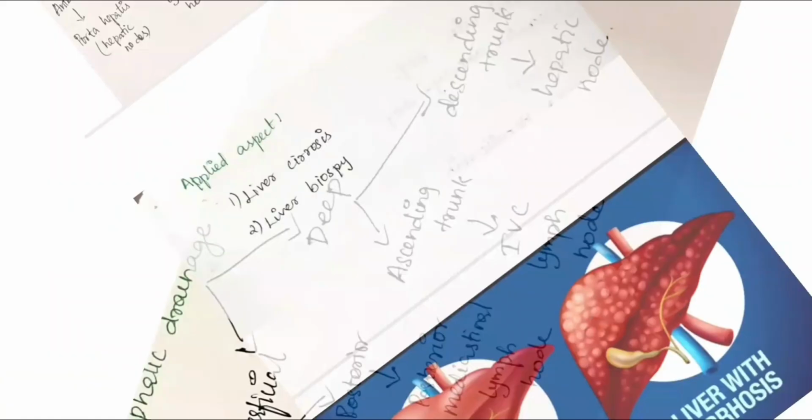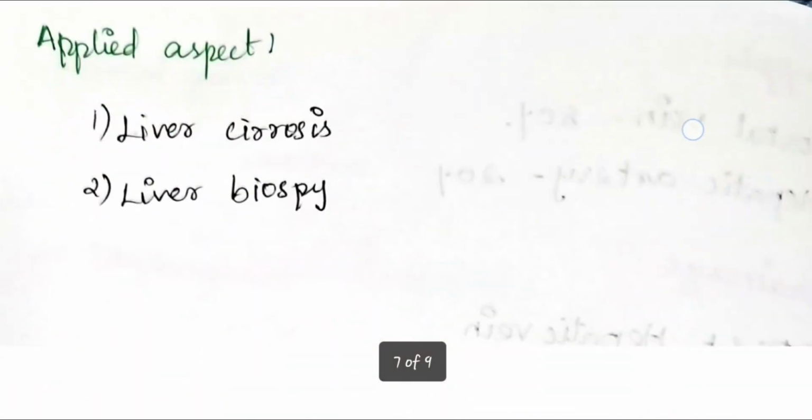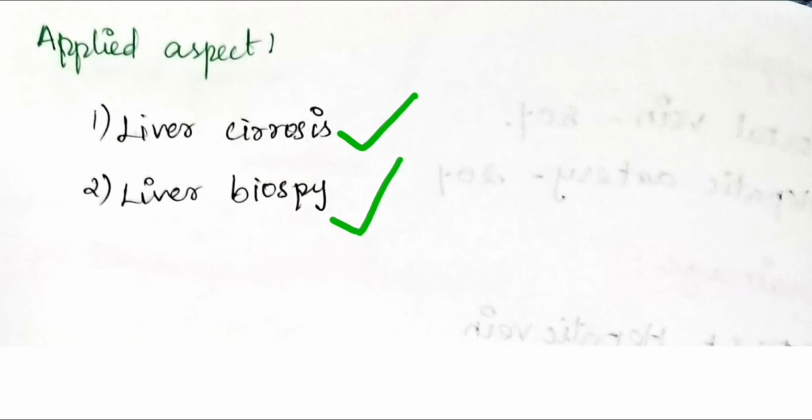Coming to the applied aspect, we have mainly two: liver cirrhosis and liver biopsy. Biopsy is when tissue is examined to see whether it is in a normal condition or has some defects. When liver tissue is taken, that is liver biopsy.